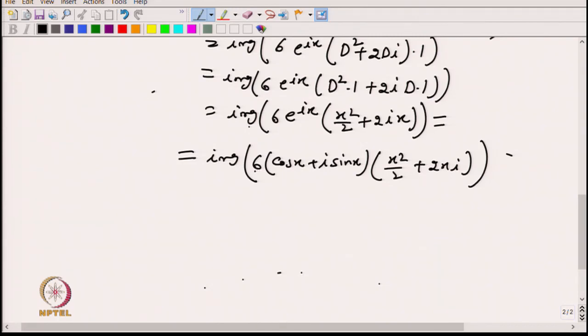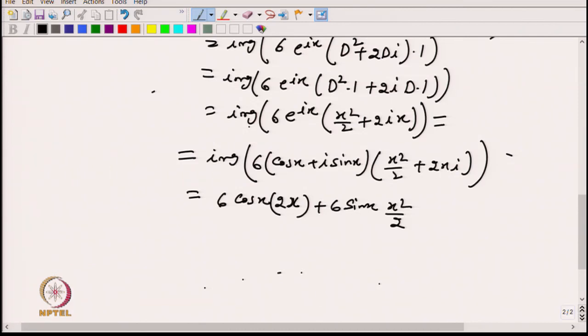If I multiply 6 cos x by x squared by 2, then this is the real part. But if I take 6 cos x into 2x, then it will be an imaginary part. So it becomes 6 cos x into 2x, and then from here i sin x will multiply by this one, so it will be 6 sin x x squared by 2, and the other part will be i into i, that becomes the real part of that one.